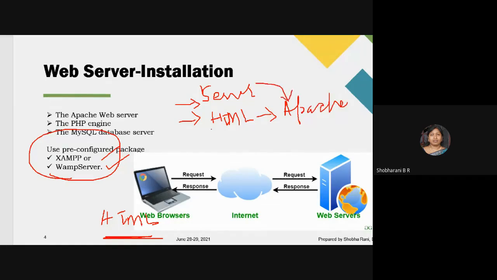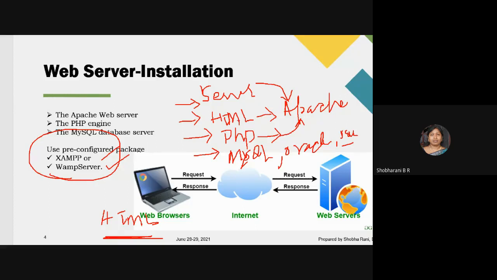Then since the server has to understand a specific scripting language, called PHP, and if I have a database, then I have to specify which database I am using, either MySQL or Oracle, or any other databases, or an SQL server. So you have to have each individual installation separately.